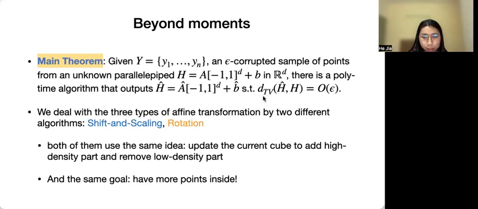And our guarantee is that the TV distance between the estimated parallelepiped and the true parallelepiped is O of epsilon.